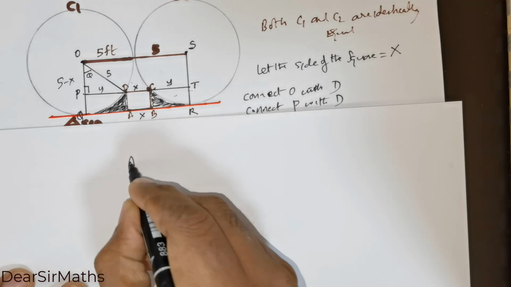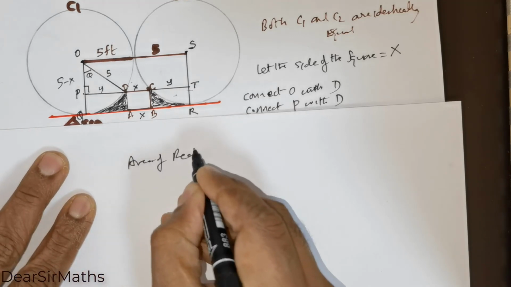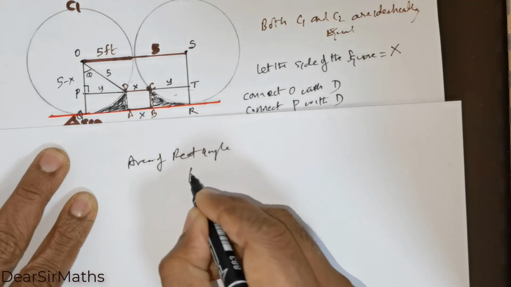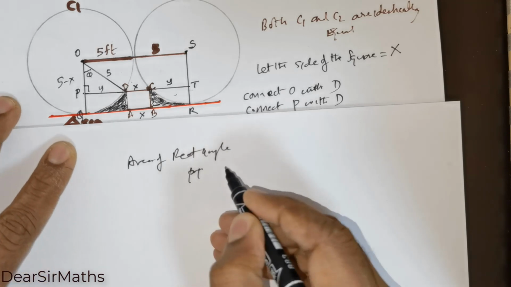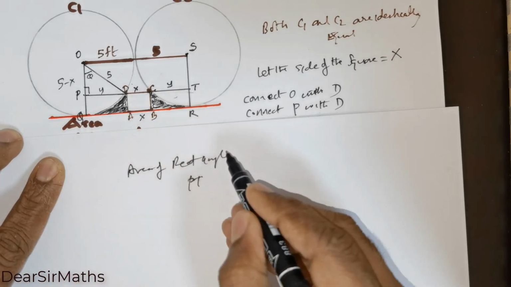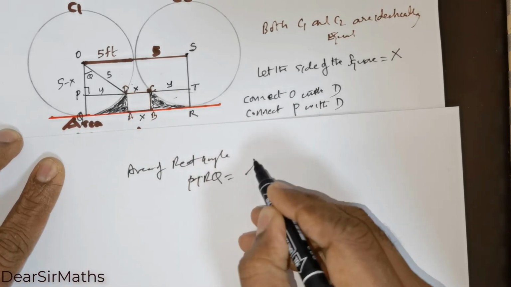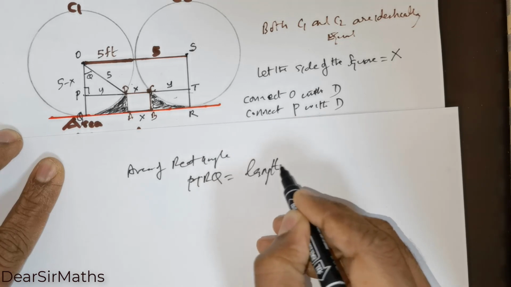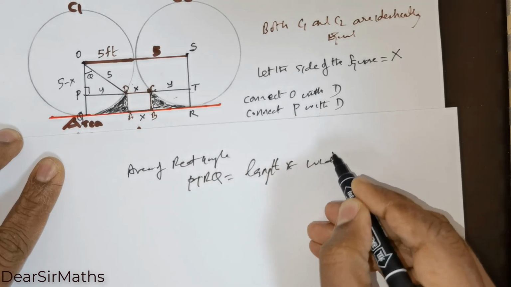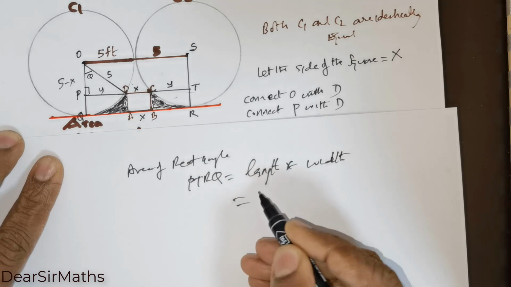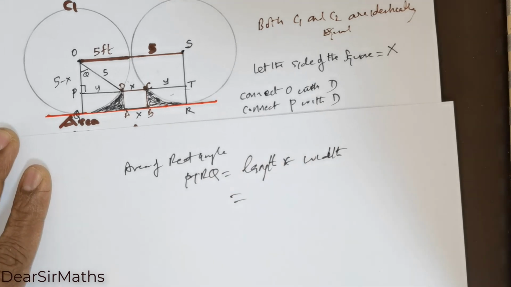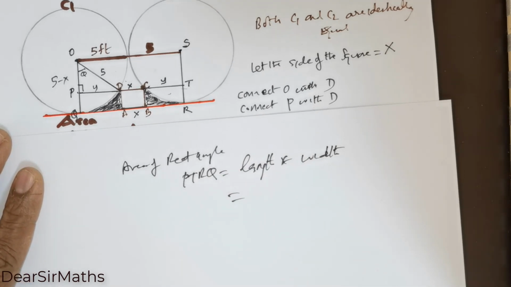The area of the rectangle, we're talking about the rectangle PTRQ, is length multiplied with width. Now we have got the y value to be 4 units.